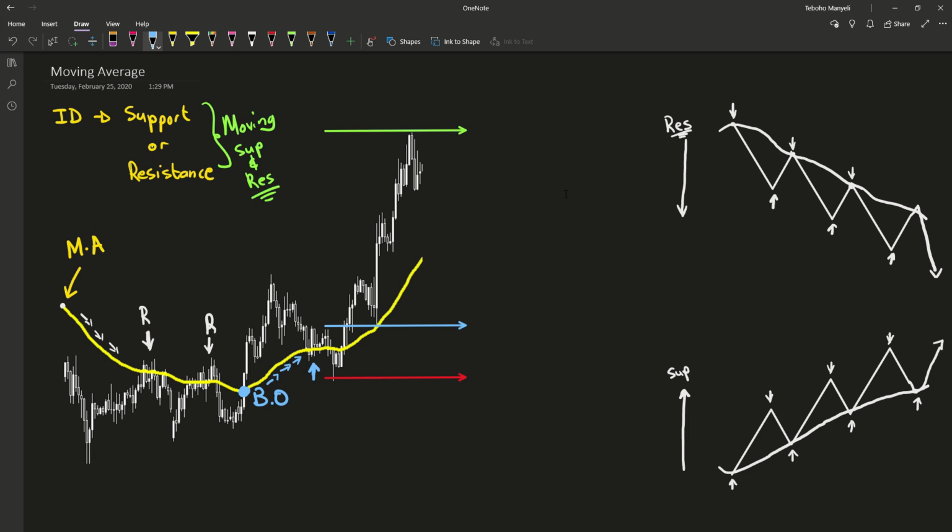It tries to move up a bit and comes back down and finds a support again over there. So the same yellow line that used to act as an agent of resistance is now acting as an agent of support. That's literally how a moving average works.